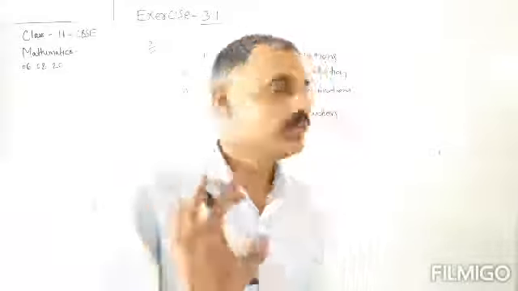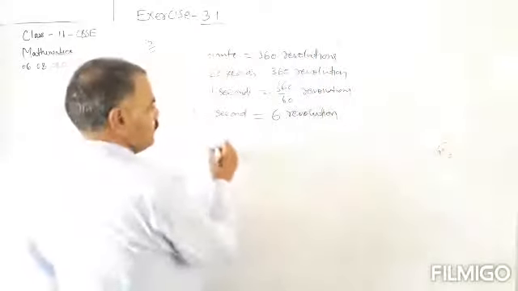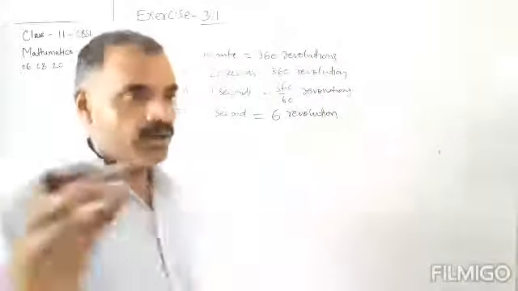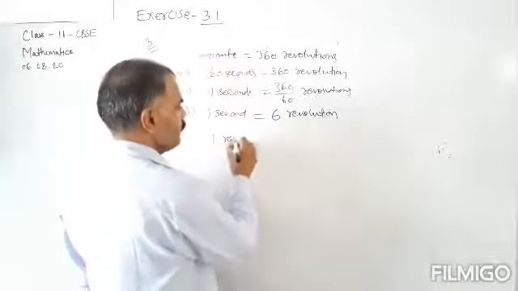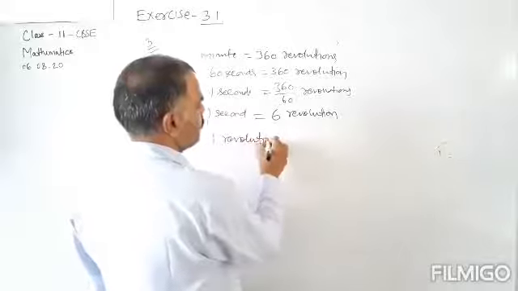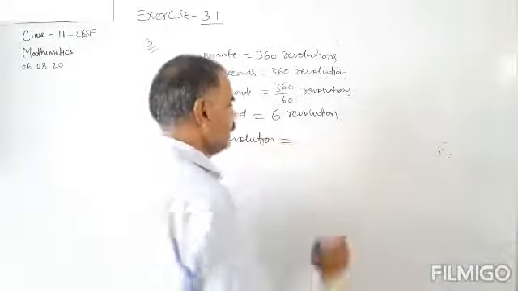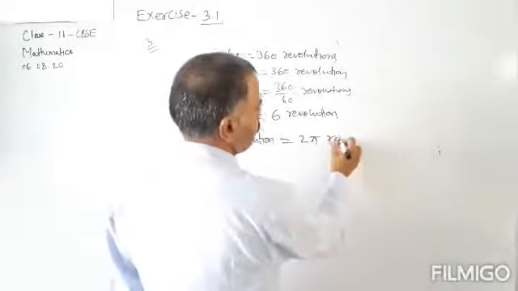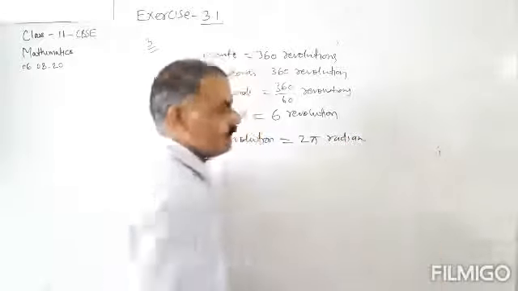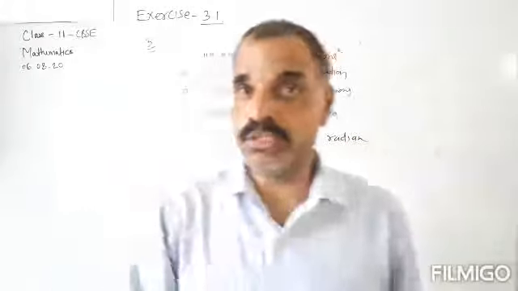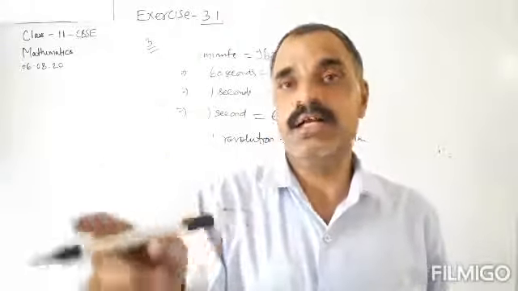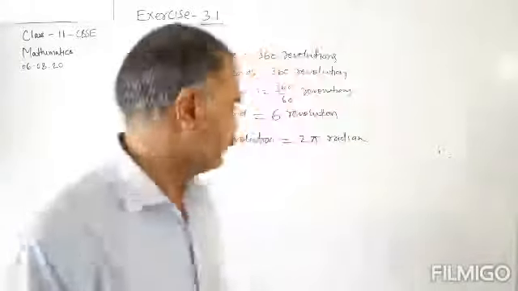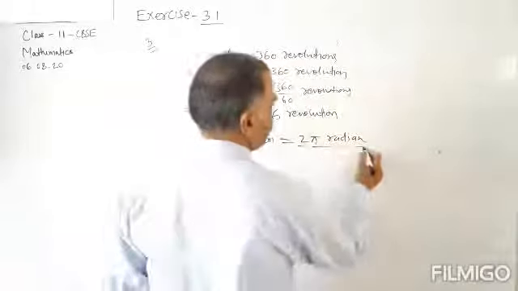Do you know what is the number of radians in 1 revolution? 1 revolution is equal to 2 pi radians. In a complete rotation, an initial ray turns 2 pi radians.